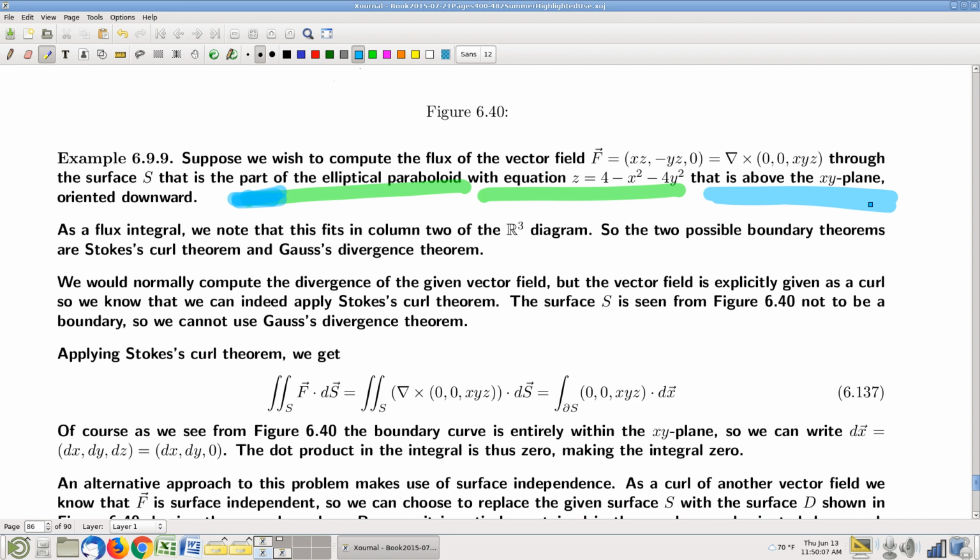This can get you into tremendous trouble. This surface, very importantly, is just part of the elliptical paraboloid. That's it. It's just the bowl. It's the part of that paraboloid that's above the xy plane, so just a bowl. There is no saran wrap across the overturned eating surface of the bowl. It's just the bowl.